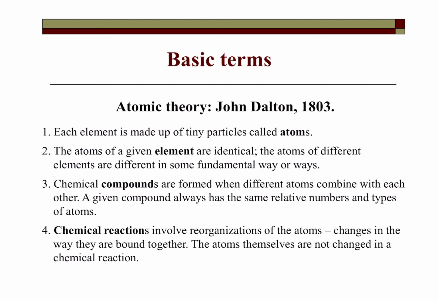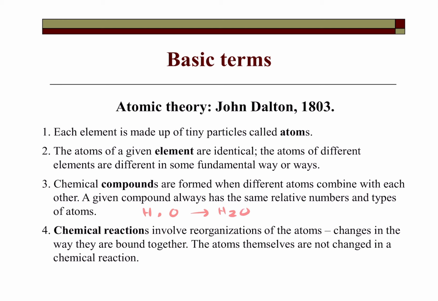The atoms of different elements are different in some fundamental way or ways. Chemical compounds are formed when different atoms combine with each other. It's very easy. For example, if we have hydrogen and oxygen elements, we can produce H2O.